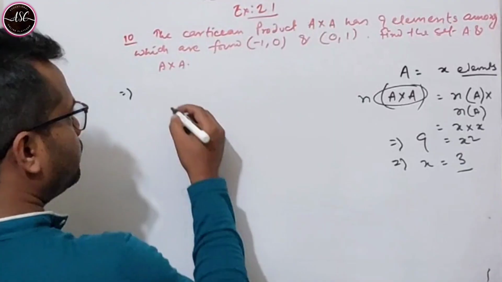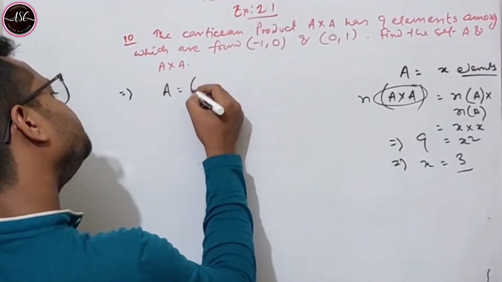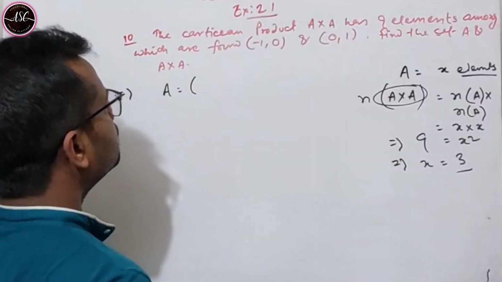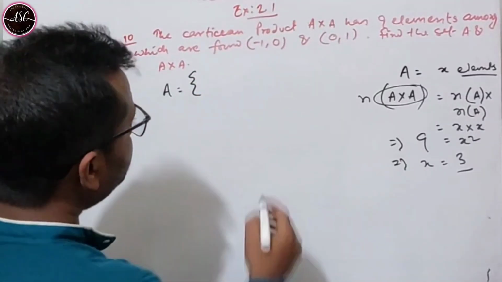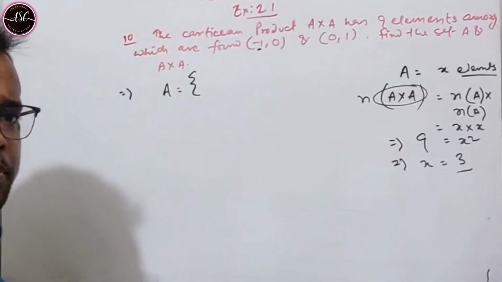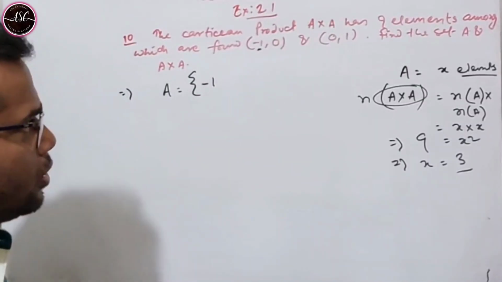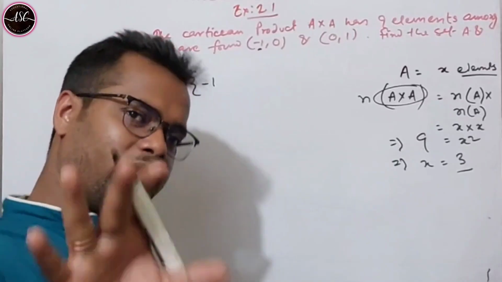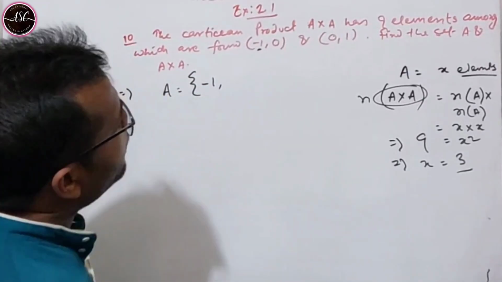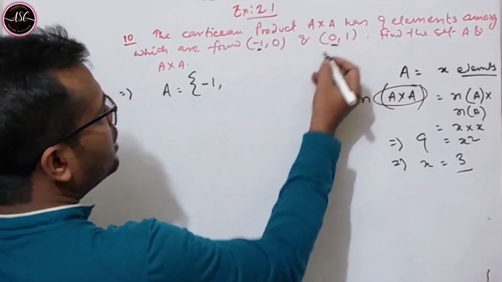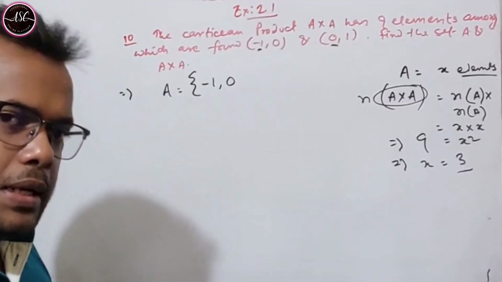Now A equals, this is the element of A, 1, the first element. Let A be the first set. Then minus 1 is an element, and 0 the next element.